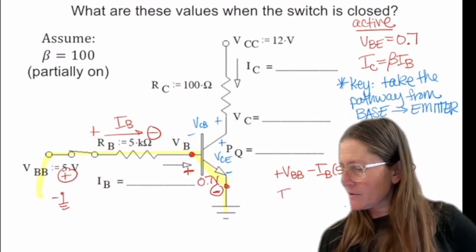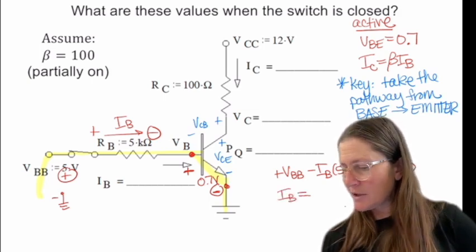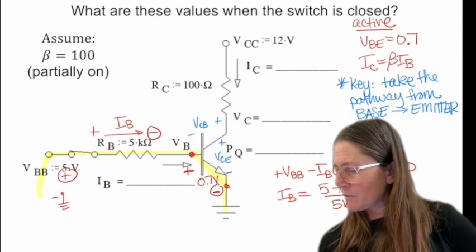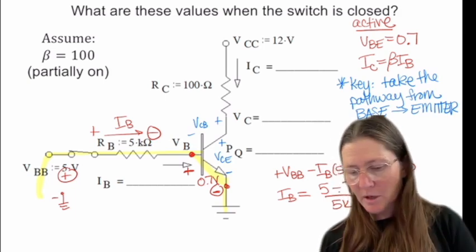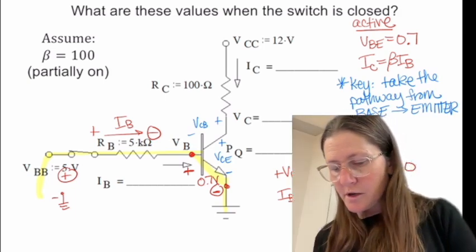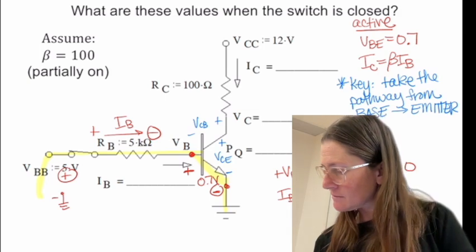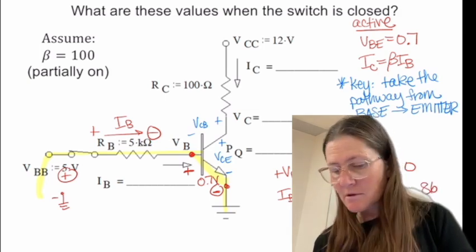I can solve this for IB. IB is 5 minus 0.7 over 5K, 4.3 over 5K. What does that give me? 0.86 milliamps.